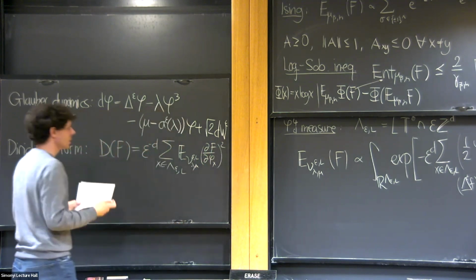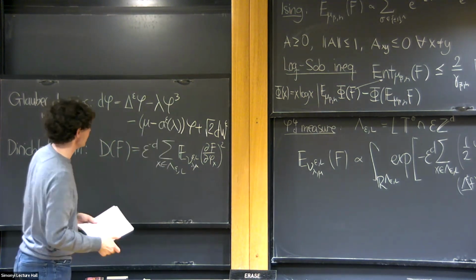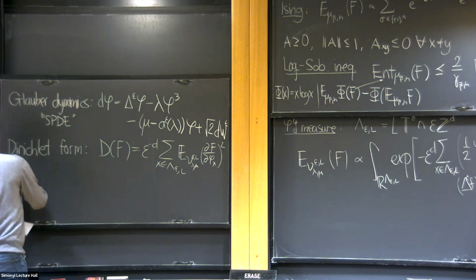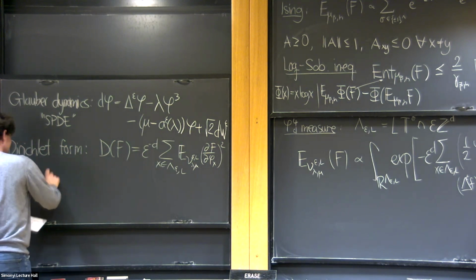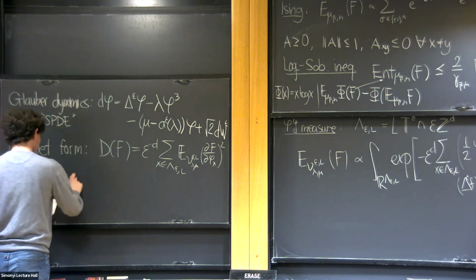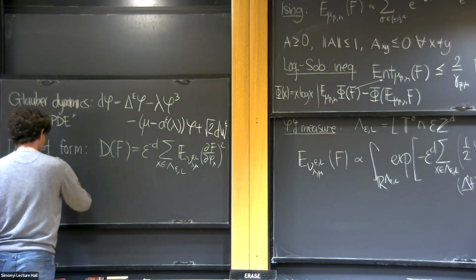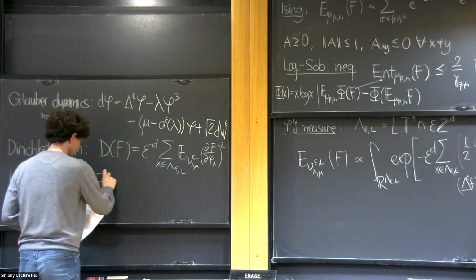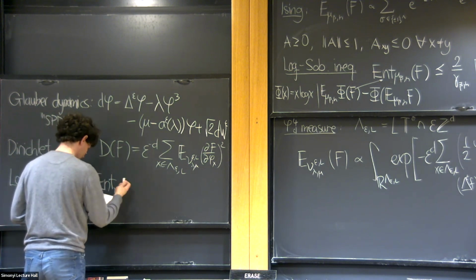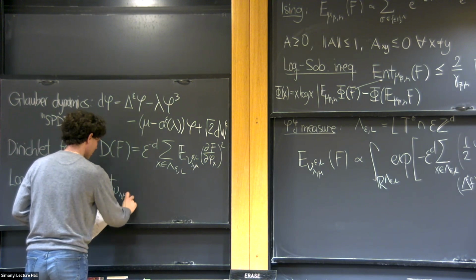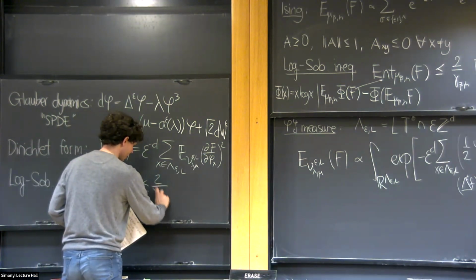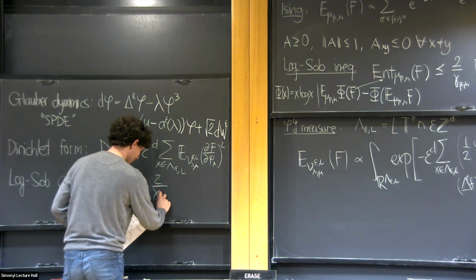It's just the continuous analog of what I wrote down for the Ising model. And the Log-Sobolev constant is, again, the best constant in the Log-Sobolev inequality, which in this case reads: the relative entropy of F is bounded by, well, it actually is the same inequality as before.